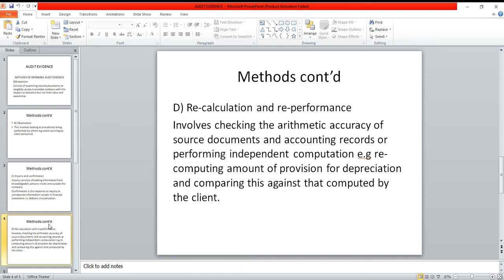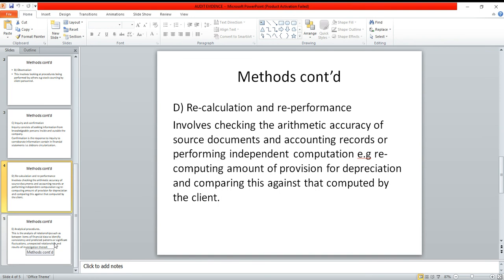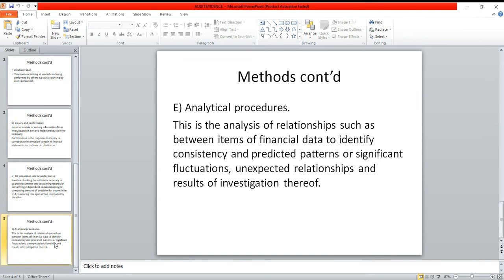And so he may have to do it by himself or herself, so that he can compare against that computed by the client. So that is another method where reperformance of the same can be done by the auditor to obtain the audit evidence in his report.